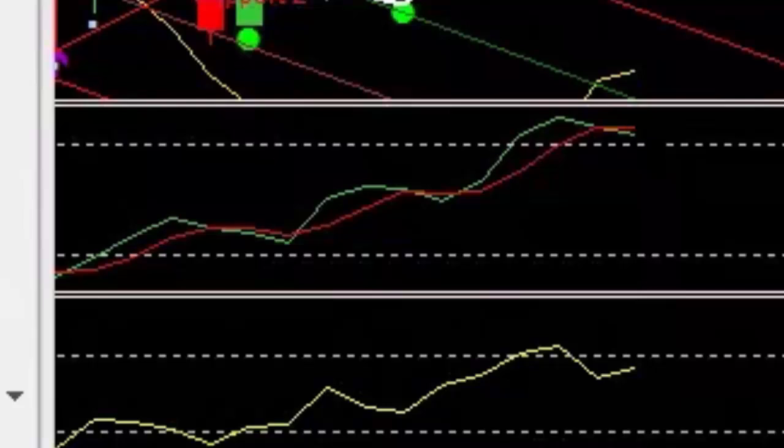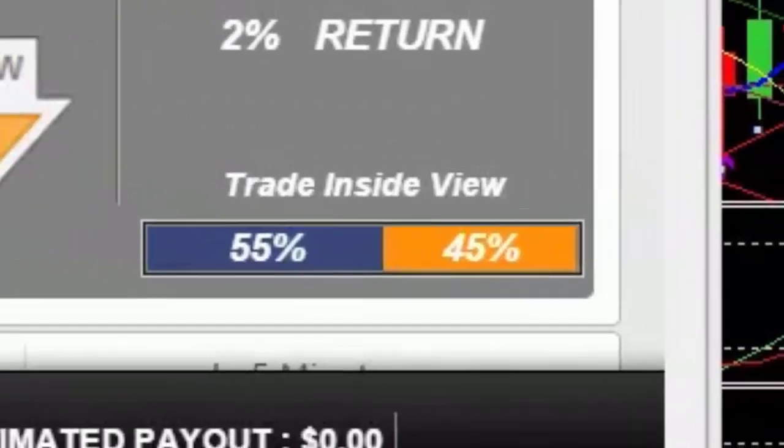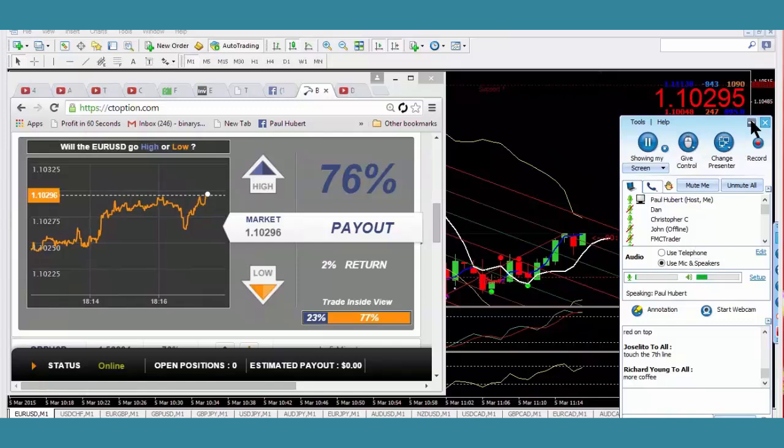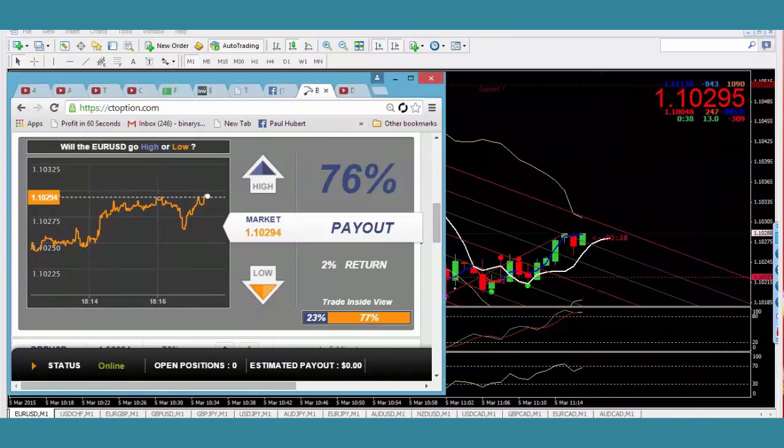Red is on top. I'm going to see the pressure come back to us. You watch. See the pressure here? It's going to come back to us. Red is going to be on top here. Let's see it.